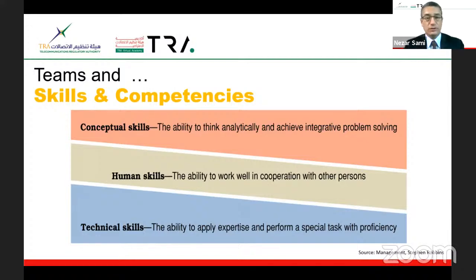Each of which should have 3 types of skills: human skills, technical skills, and conceptual skills. Sound easy? Yes, but you as a founder of a startup, you need to assure that these things are already in place in your team to have a very synergetic and very cohesive team.